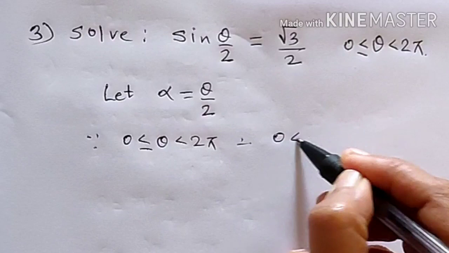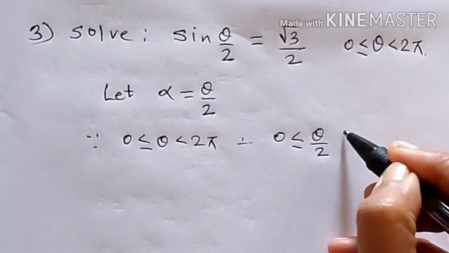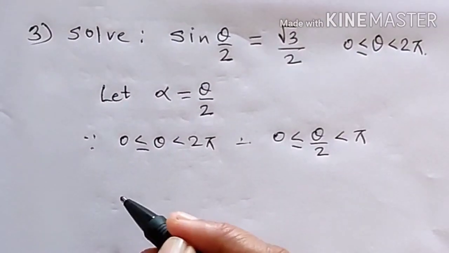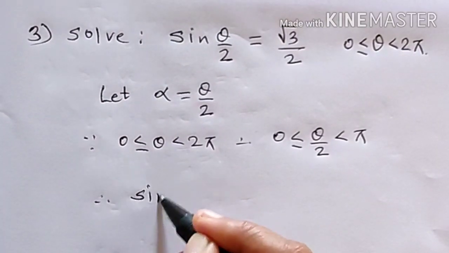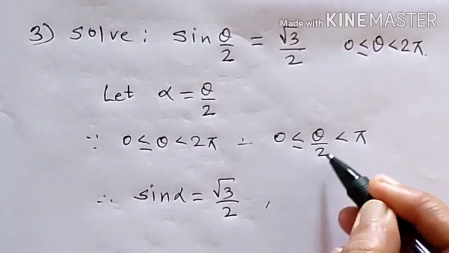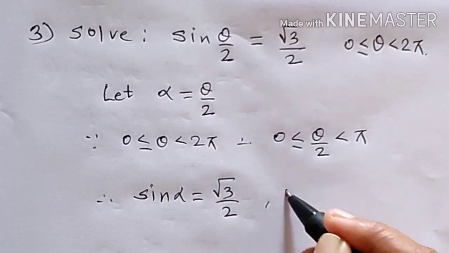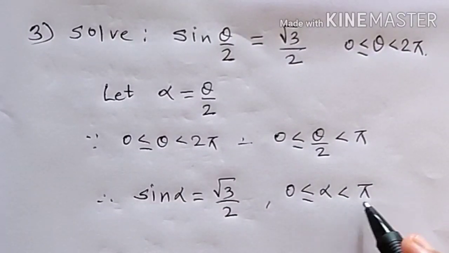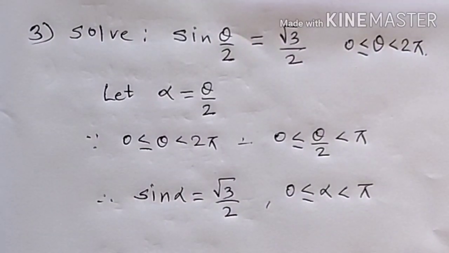So 0 less than or equal to theta by 2 is less than pi. Therefore what we have is sine of alpha is equal to root 3 by 2, where 0 less than or equal to alpha less than pi. So our alpha lies between 0 and pi.